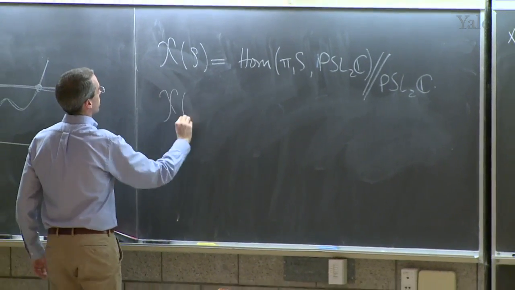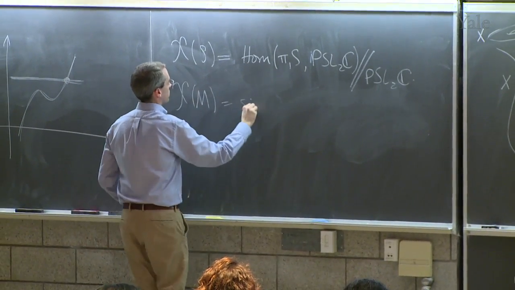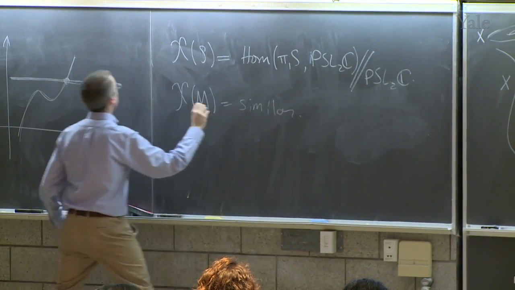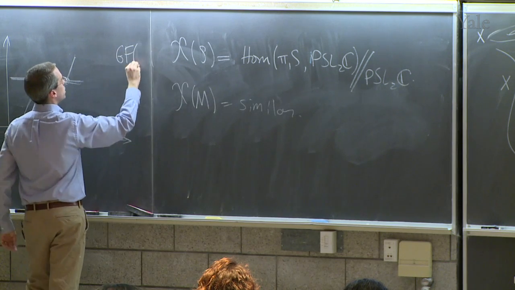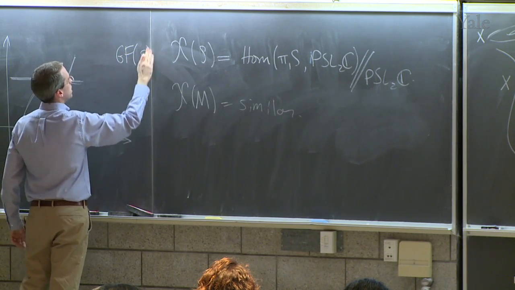And similarly for the character variety of M. And these contain those spaces of hyperbolic structures.